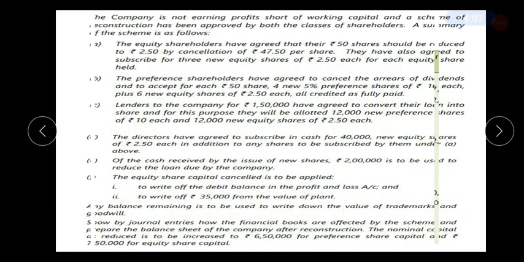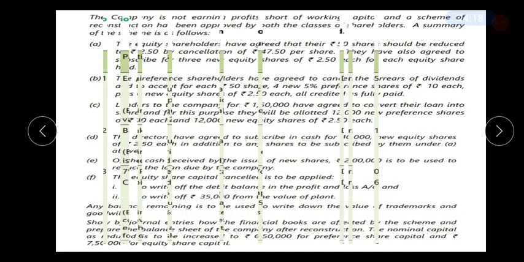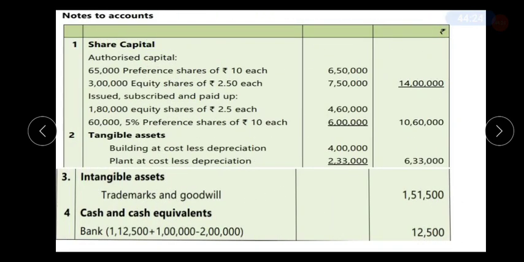If you look at the balance sheet, plant 2,68,000. So minus 35,000, we need to reduce it. If you reduce the value by 35,000, the remaining balance of plant is 2,33,000. 2,68,000 minus 35,000, 2,33,000. So get the total of it, you will get the tangible assets 6,33,000.